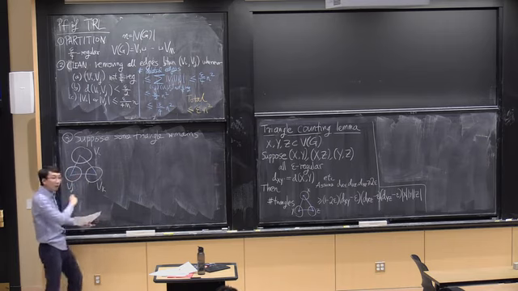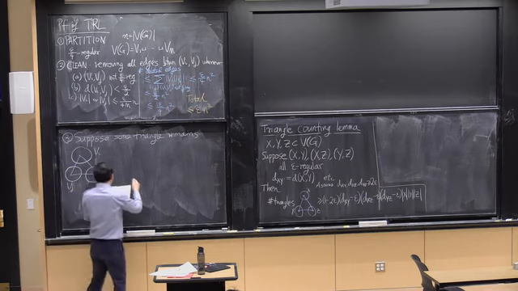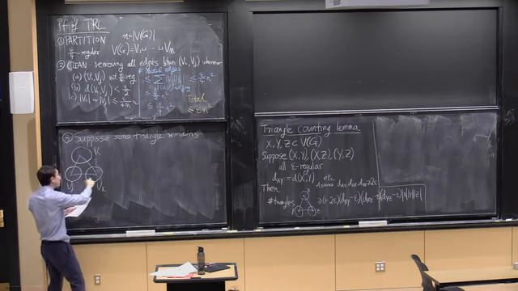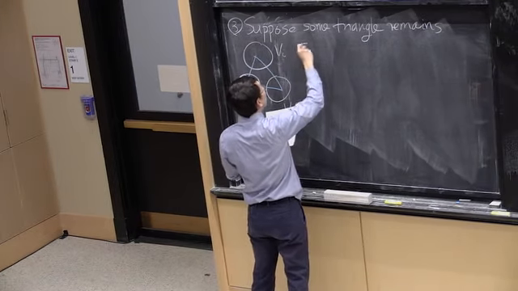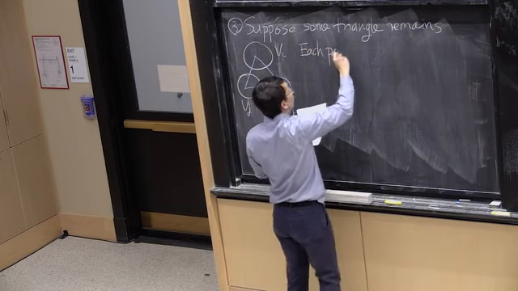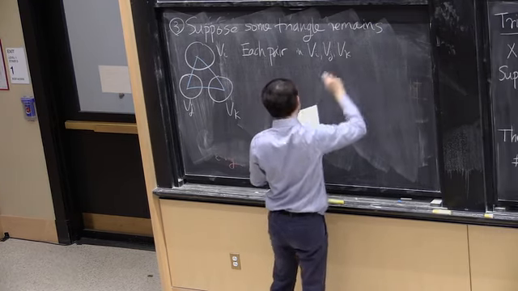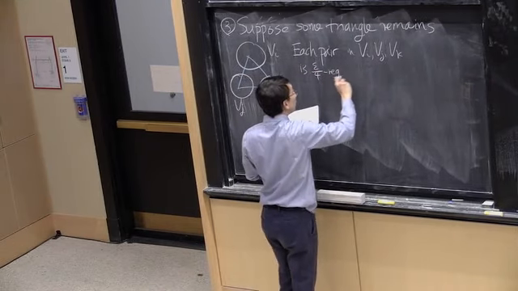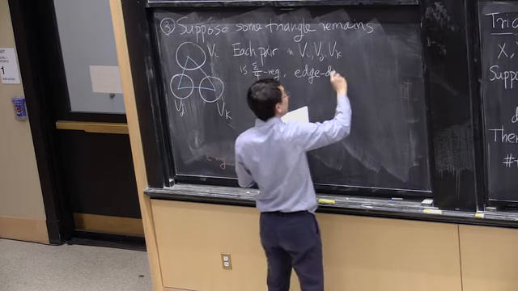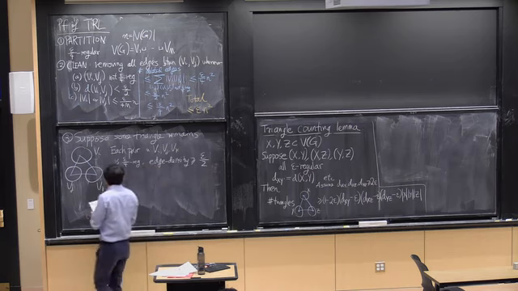Because these edges have not yet been deleted in the cleaning step, I know that the vertex sets are not too small, the edge densities are not too small, and they're all regular with each other. So here, each pair in Vi, Vj, Vk is epsilon over 4 regular and has edge density at least epsilon over 2.